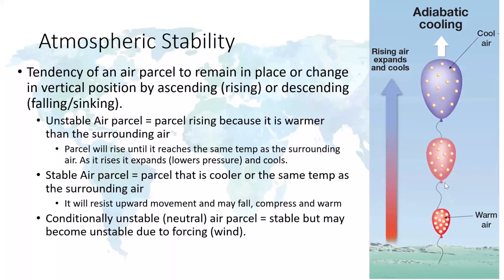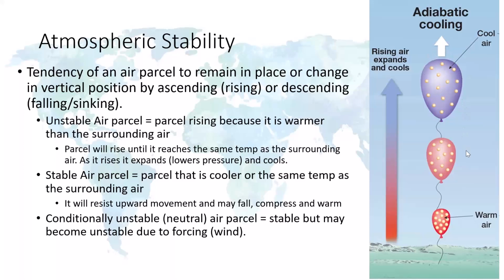Warm air is going to rise, and as that air rises, the pressure in this air parcel, represented by a balloon, decreases, meaning that this parcel is going to expand. As it expands, the molecules get further and further apart, and there's going to be less heat generated because it is rising. So at some point, that air parcel is going to go up into the atmosphere and cool.